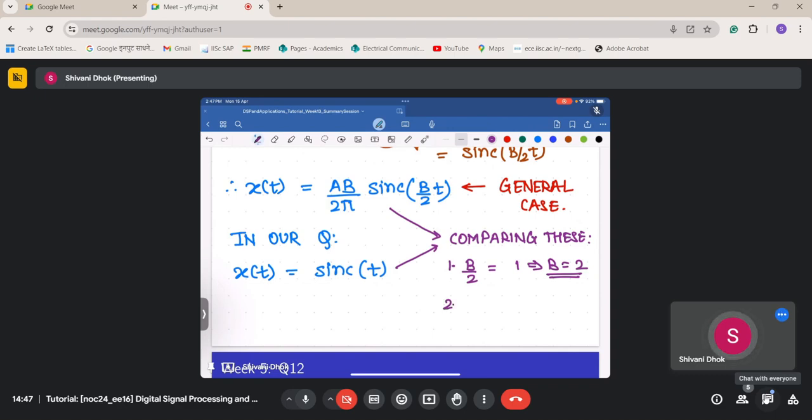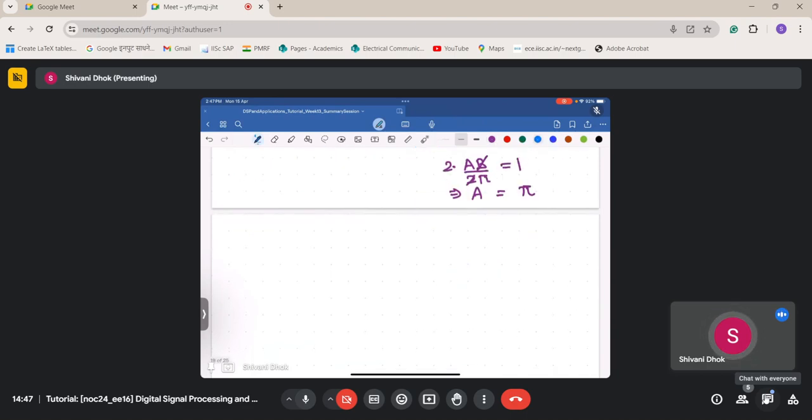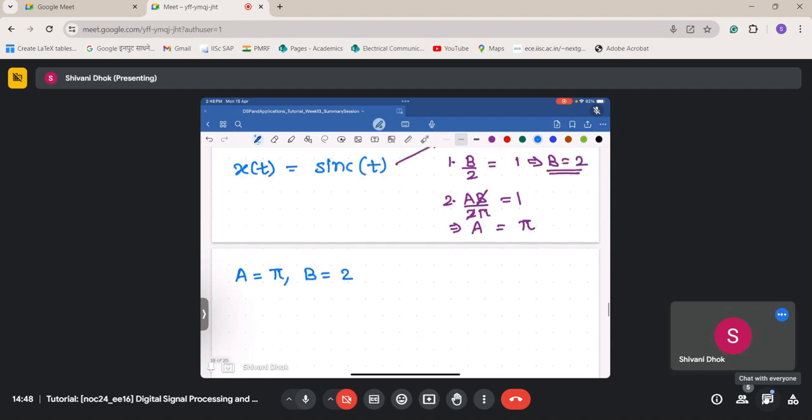And second thing is ab by 2 pi is equal to 1. Since b is equal to 2, these two get cancelled and a comes out to be equal to pi. So now in our case we have a equal to pi and b is equal to 2.